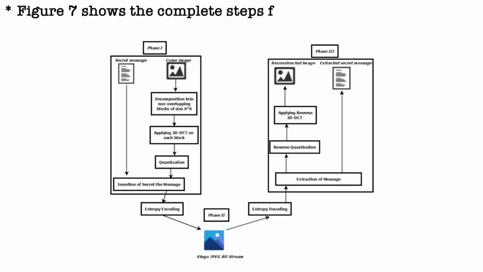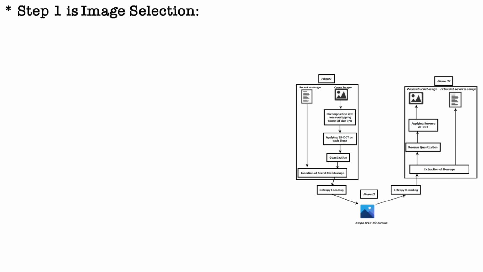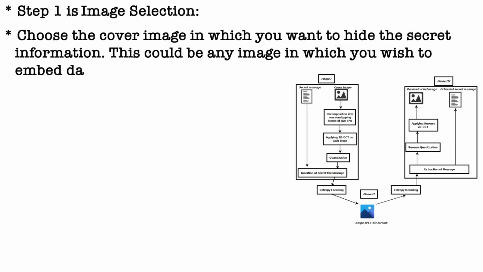Figure 7 shows the complete steps of DCT steganography. Here are the steps involved in using DCT for steganography. Step 1 is image selection. Choose the cover image in which you want to hide the secret information.